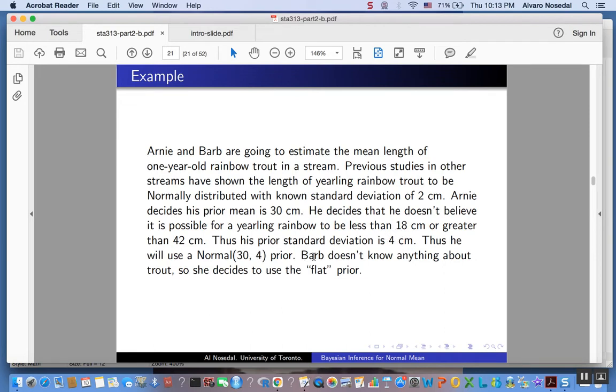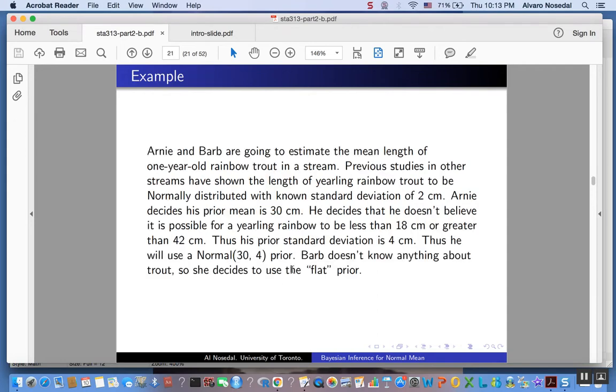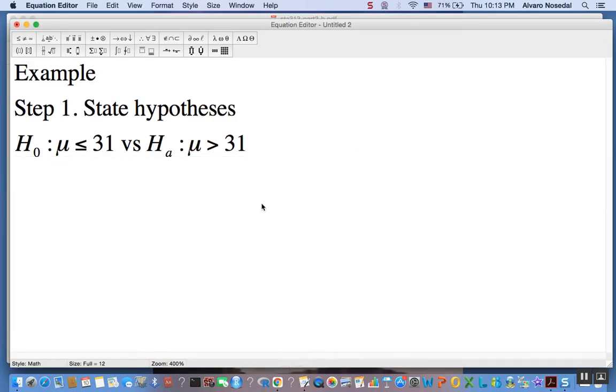On the other hand, Barb was just considering a flat prior. Then they had a sample of size 12, and the sample mean y bar happened to be 32.